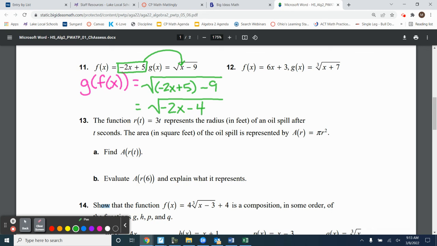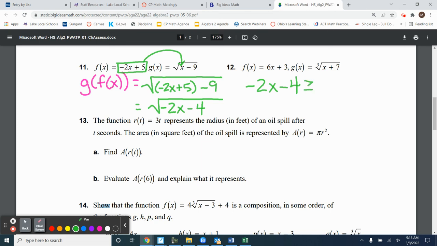Now, since it's a square root, we're talking about domains. What numbers don't we like? We don't want what type of numbers under a square root or a fourth root? Negatives, right?